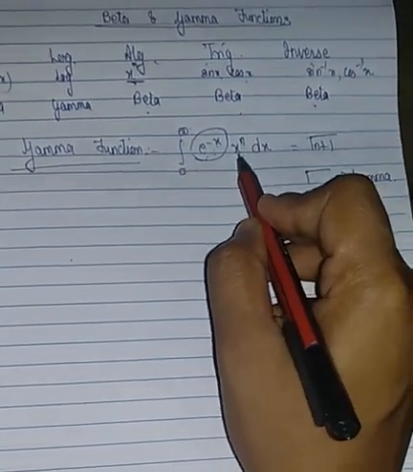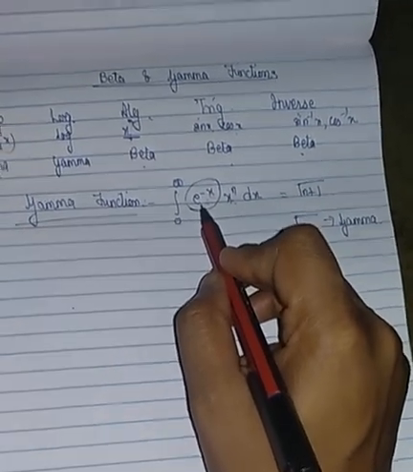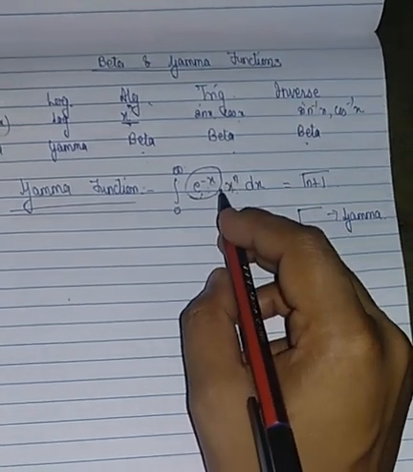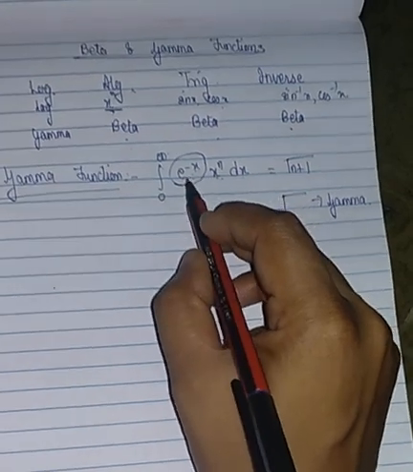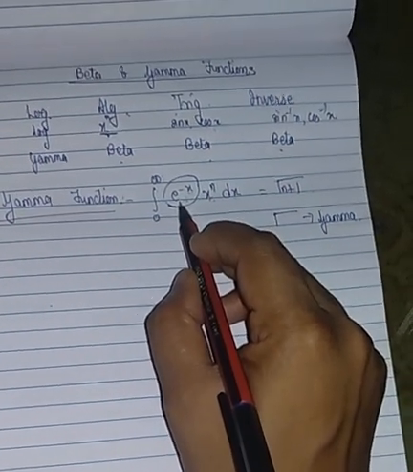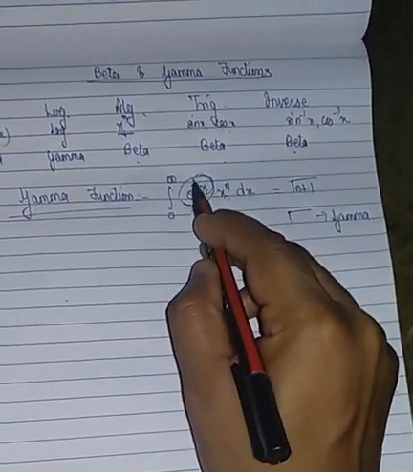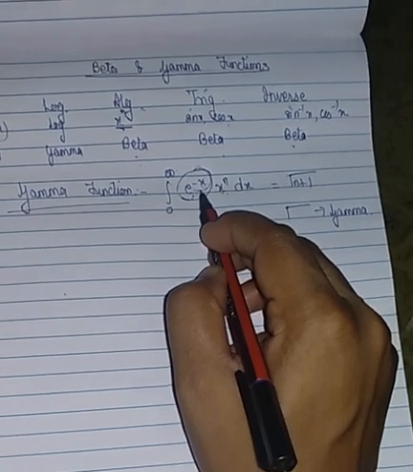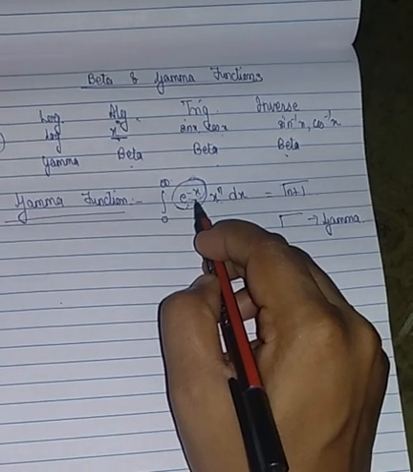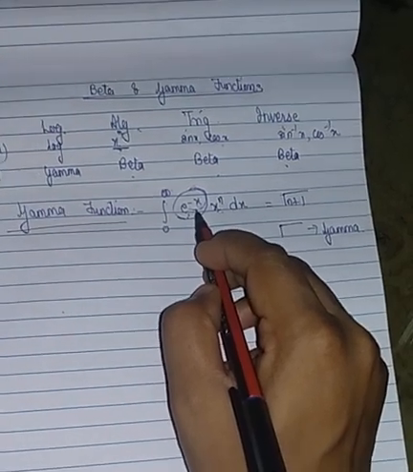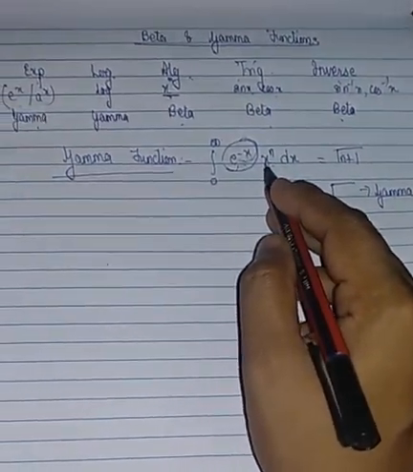The exponential term should be e raised to something, where the coefficient of that something should be minus 1 and the power should be 1. I'll repeat: e raised to something, the coefficient should be minus 1 and the power should be 1. This is the most important thing that we should look for.